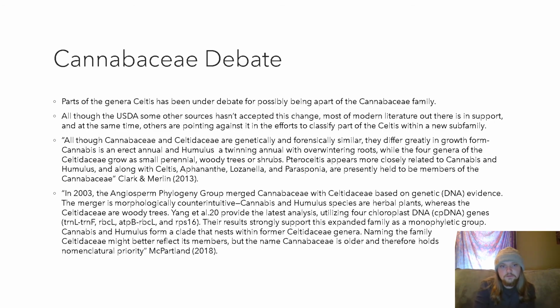Cannabis and Humulus form a clade that nests within the former Celtidaceae genera, and naming the family Celtidaceae might better reflect its members, but since the name Cannabaceae is older, it therefore holds the nomenclatural priority.